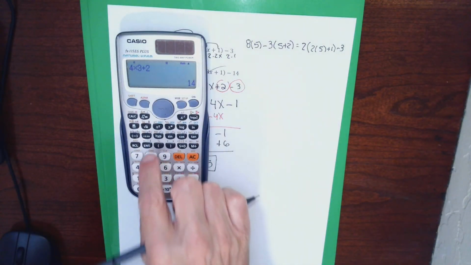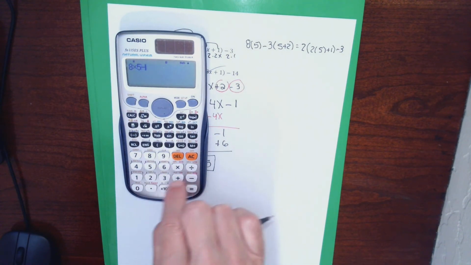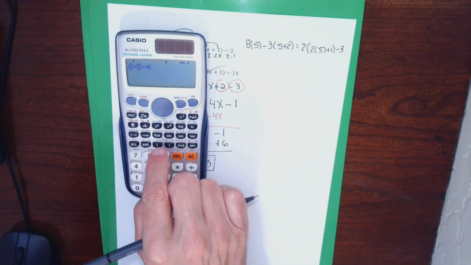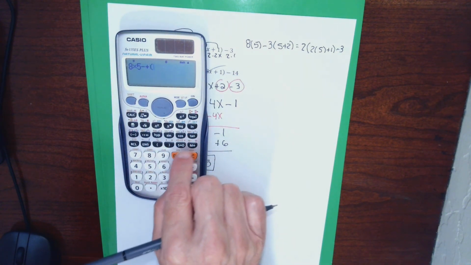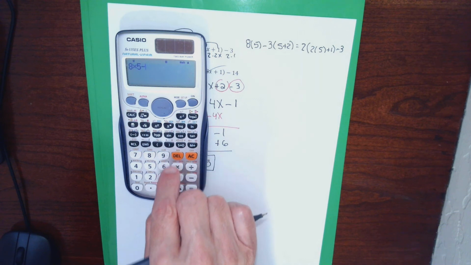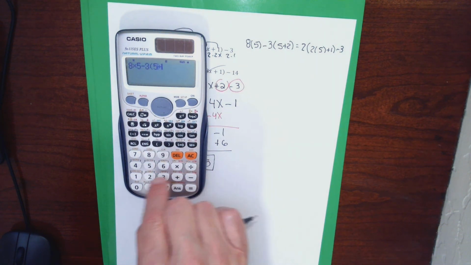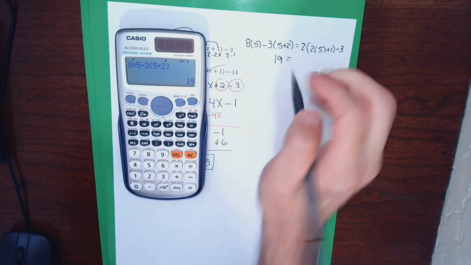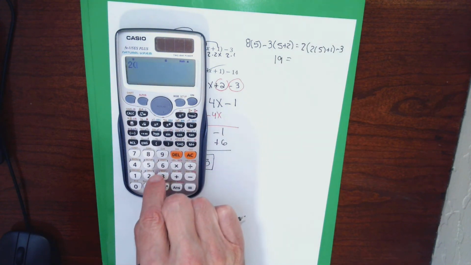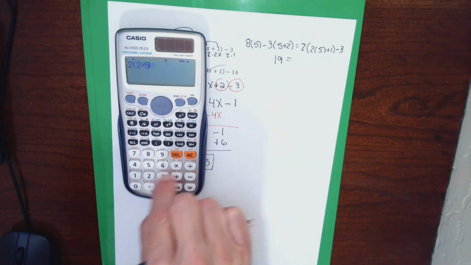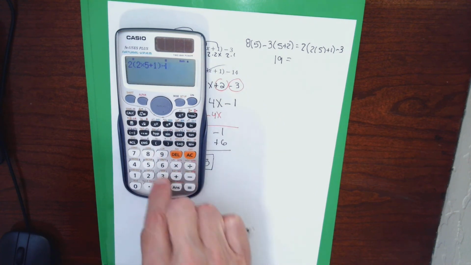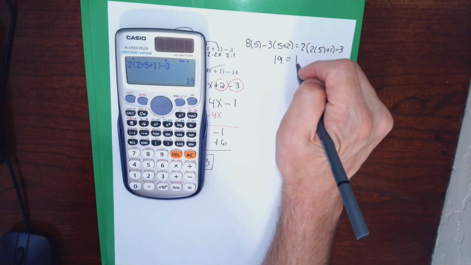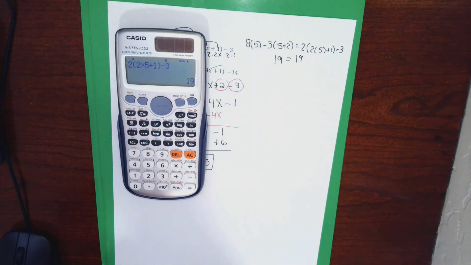On the left-hand side, I get 19. And on the right-hand side, thank gosh, I get 19. Would have been dreadful if I didn't.